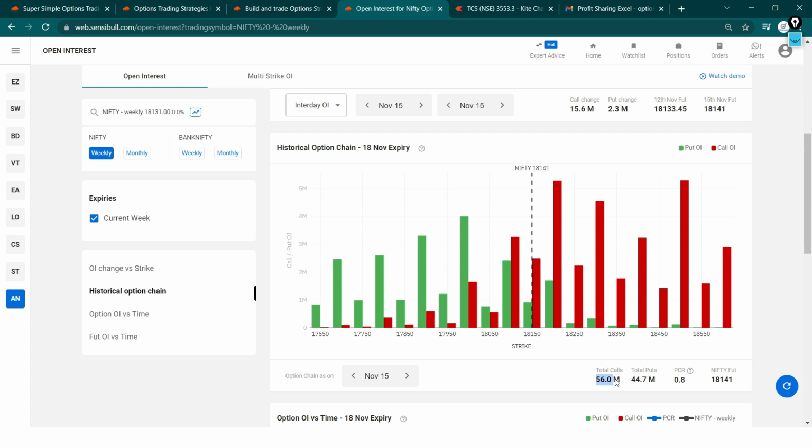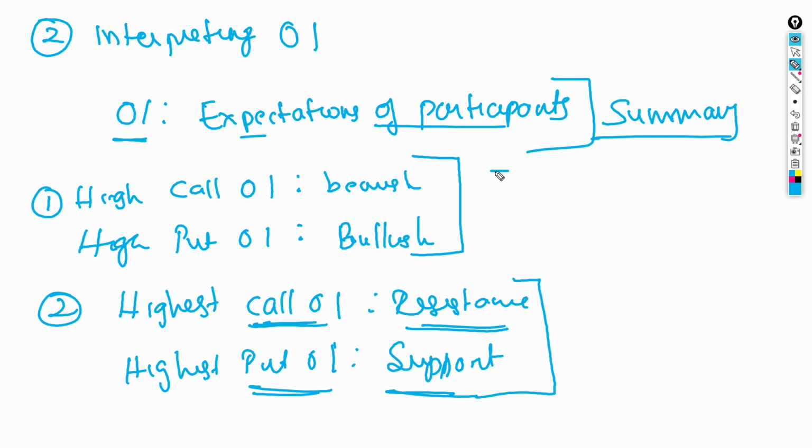We can see that total calls is 56 million and total puts is 44 million. So which has the higher number? It is obviously the call side, which has 56, and puts has 44. We'll just make a note of it.